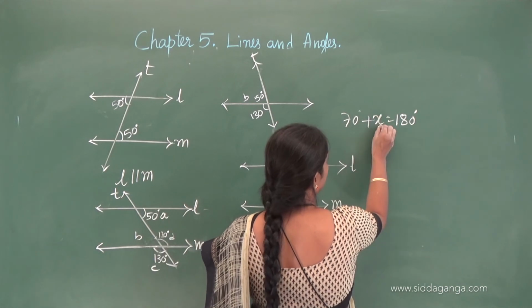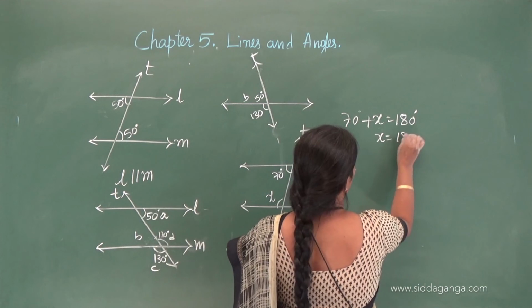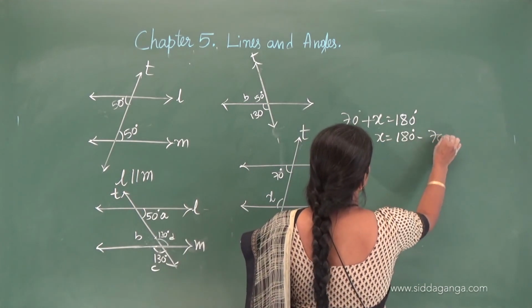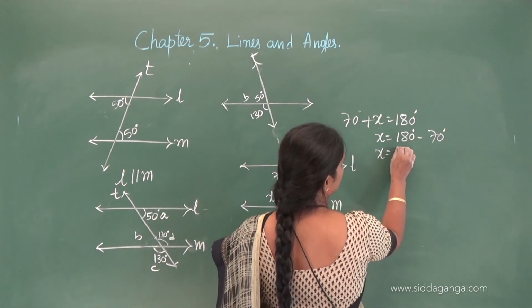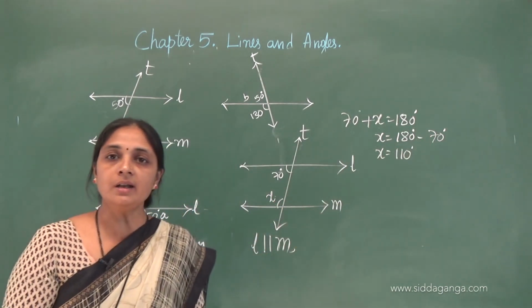Keep X as it is and bring 70 to the right side: X is equal to 180 degree minus 70 degree. Then X is equal to 110 degree. The value of X is 110 degree.